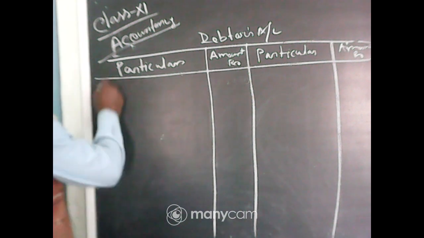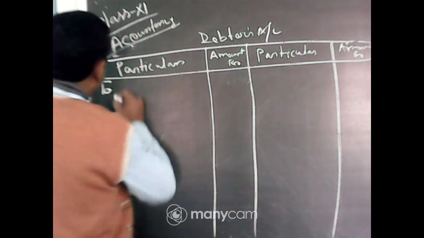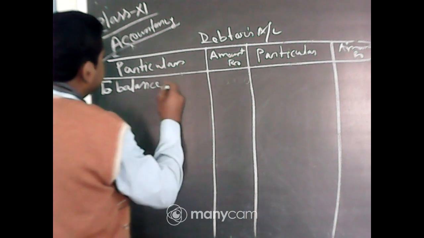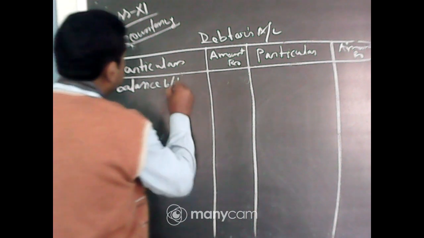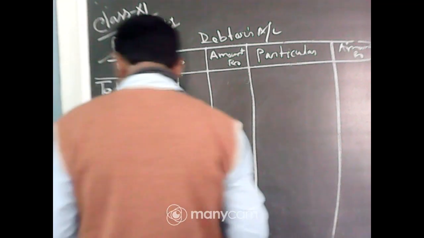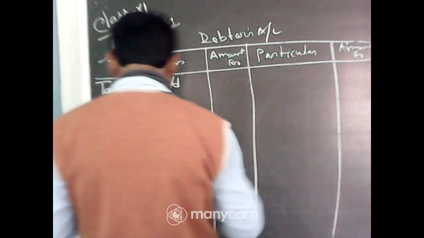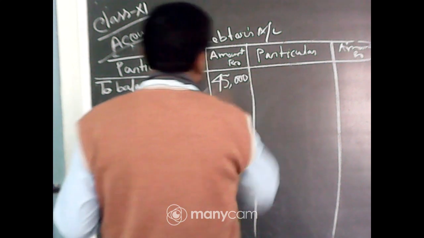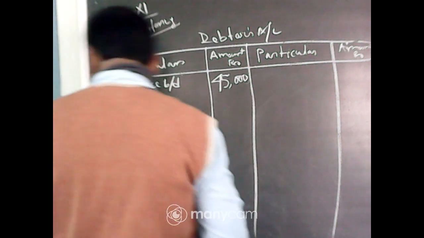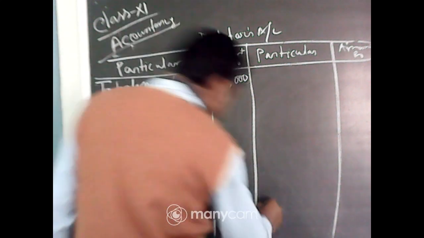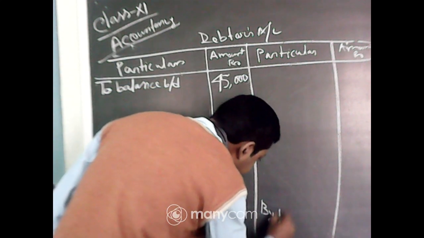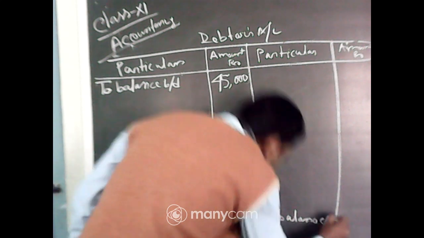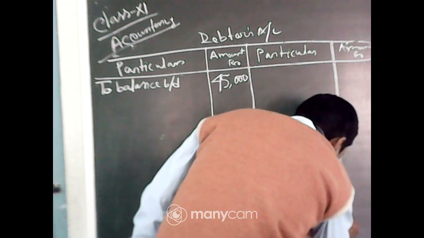So their opening balance will always be debit, to balance b/d, that is 45,000. Now closing debtors means by balance c/d, that is 56,000.